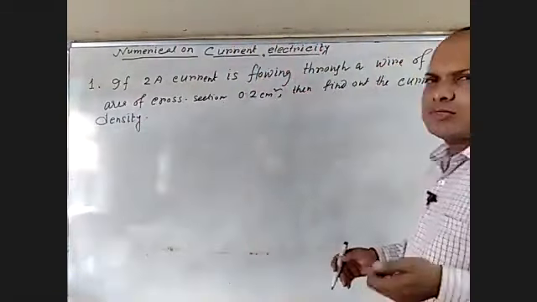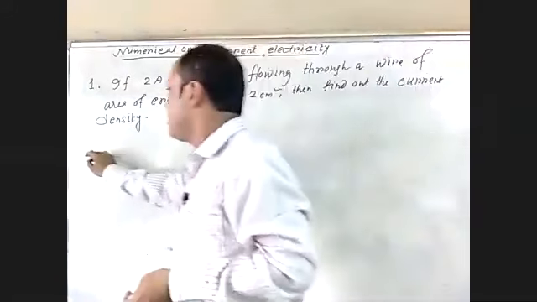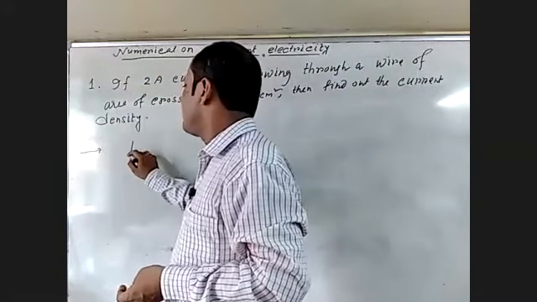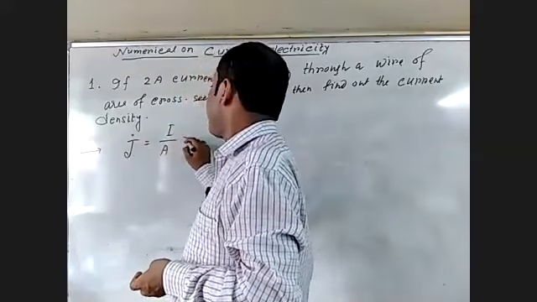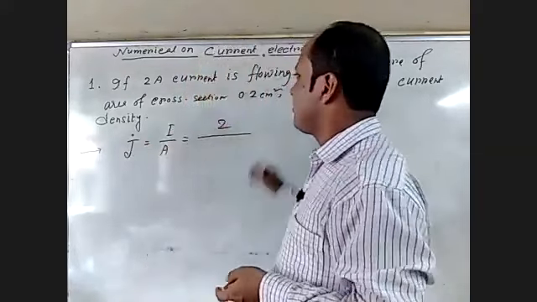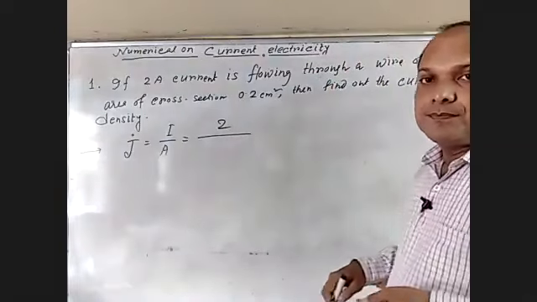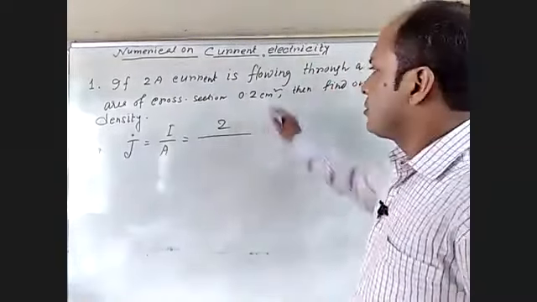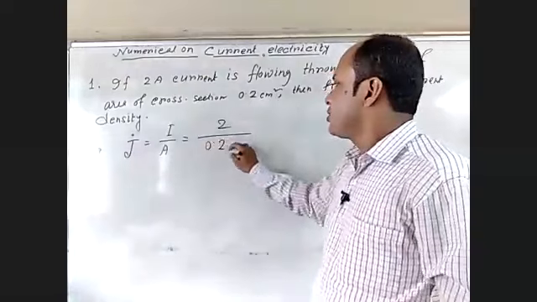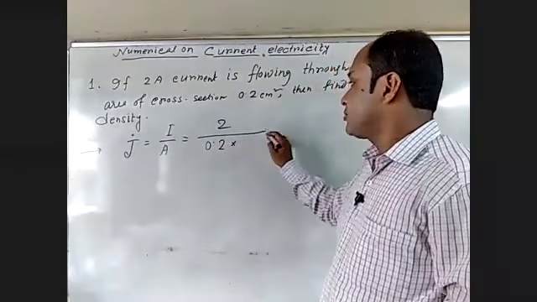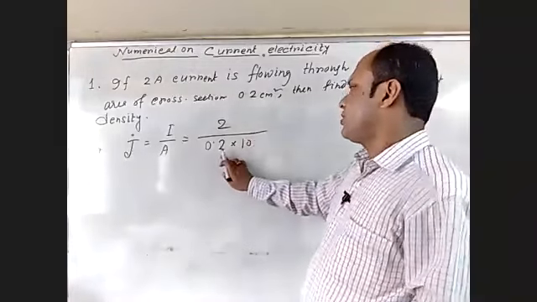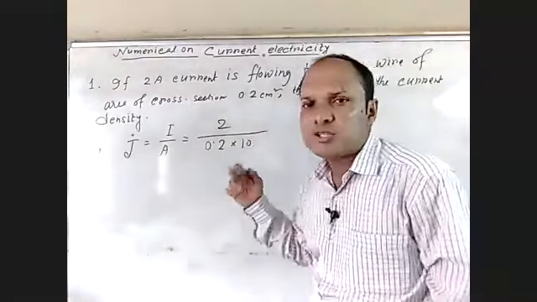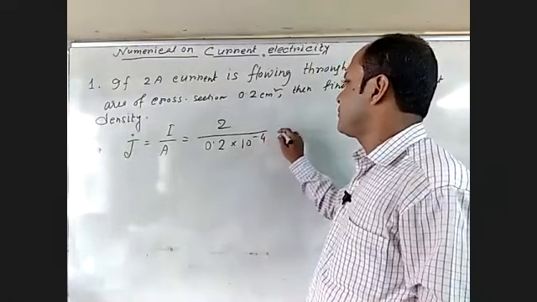Very simple problem. Just now we have discussed the formula. We know current density J equals I by A. Here I is given as 2 ampere, and the area of cross section is 0.2 centimeter square. If you convert it into meter square, a centimeter converted to meter is 10 to the power -2, so squared it will be 10 to the power -4.